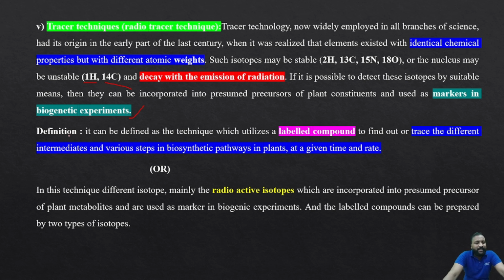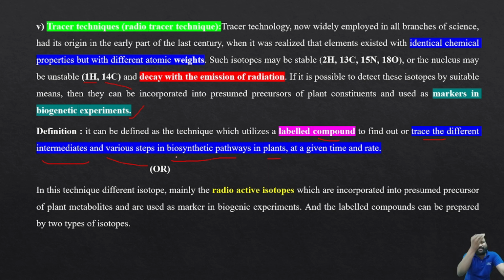Coming to the definition, what does it mean? It can be defined as a technique which utilizes a labeled compound to trace the different intermediates and various steps in the biosynthetic pathways in plants at a given time and rate. We incorporate that labeled compound to investigate the different intermediates and various steps.